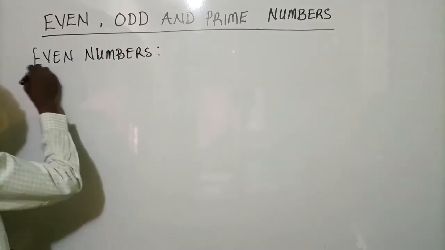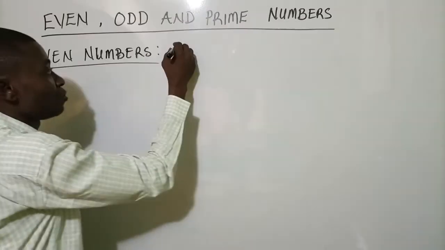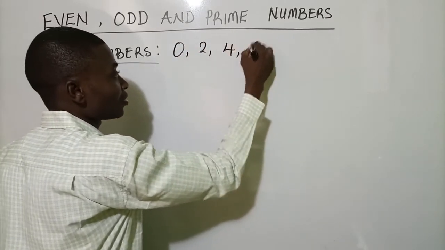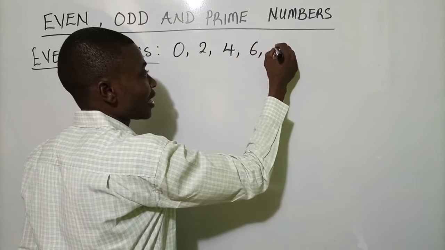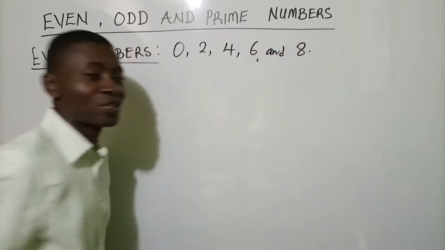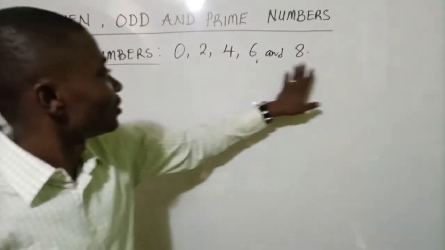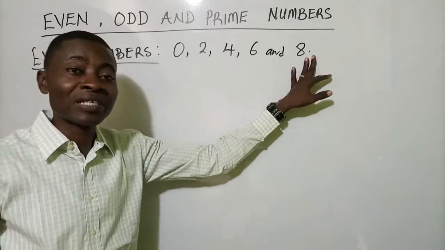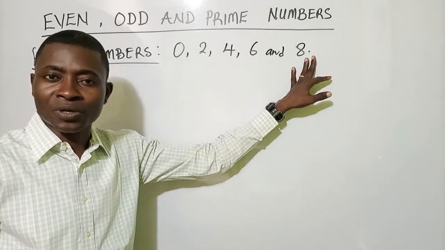So the very first even numbers that will come to our mind should be what? 0, 2, 4, 6, and 8. So these are the first even numbers you can think of in mathematics, and these form the basis of all even numbers you can think of.